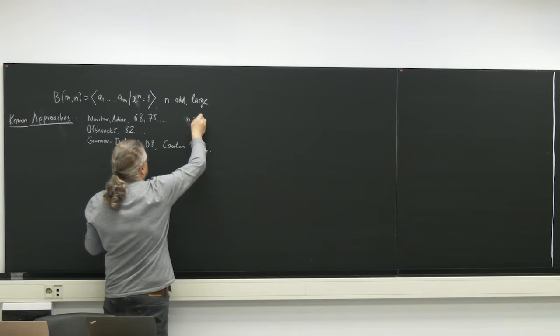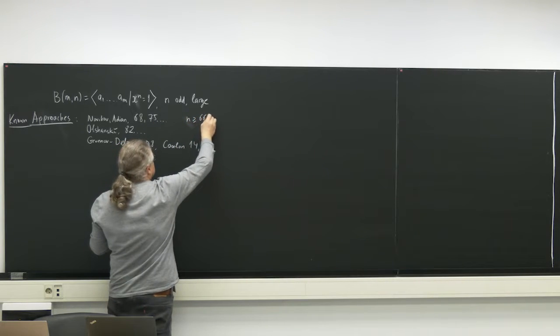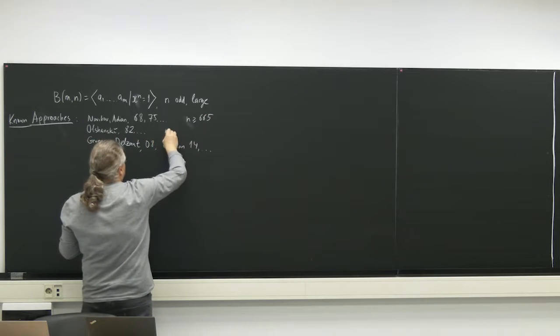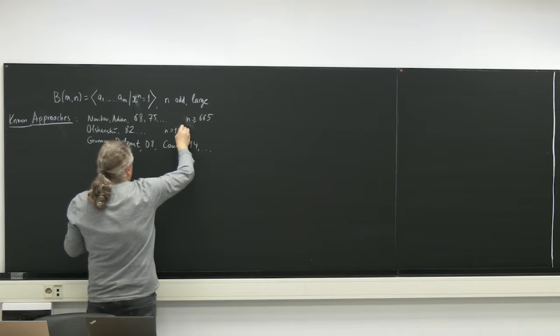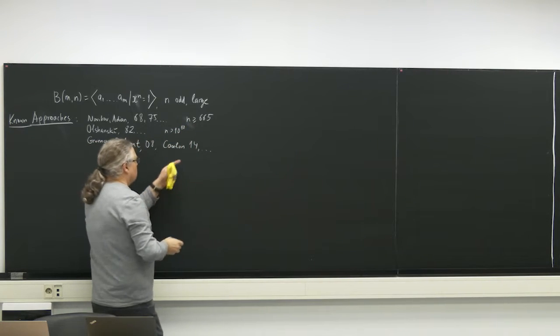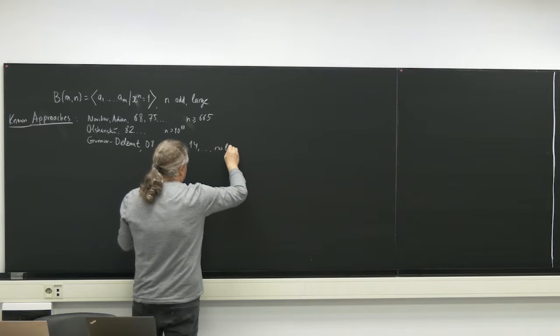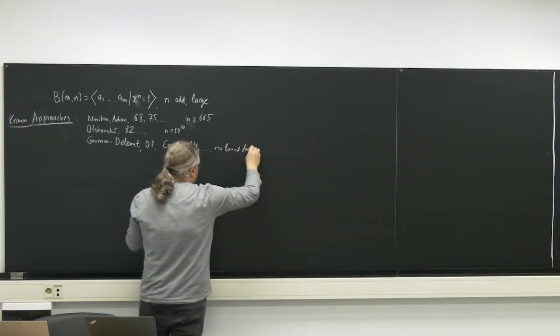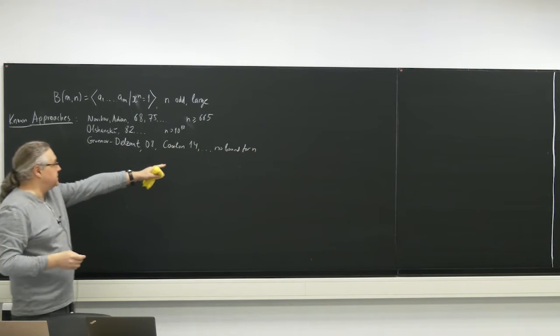We have here n greater or equal to 665. This is quite a bit bigger, 10 to the 10, and so no bound for the exponent. It's very large.